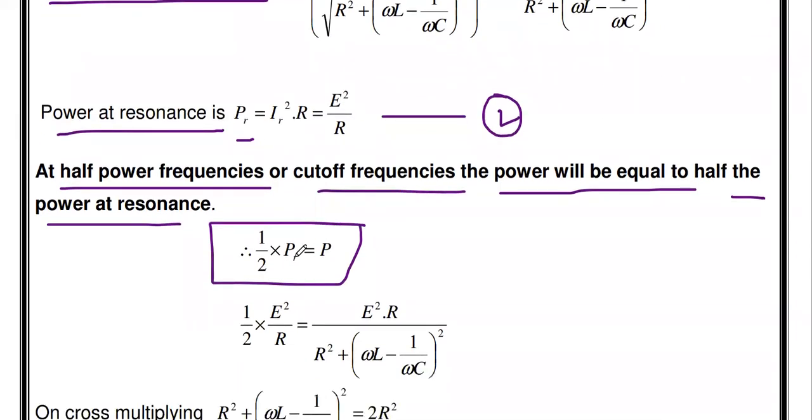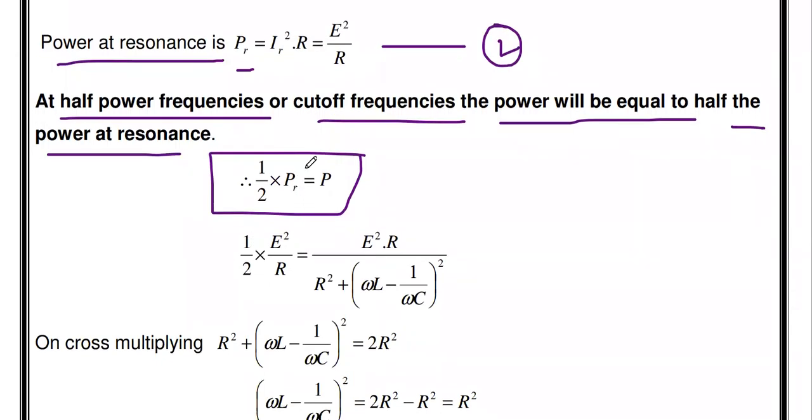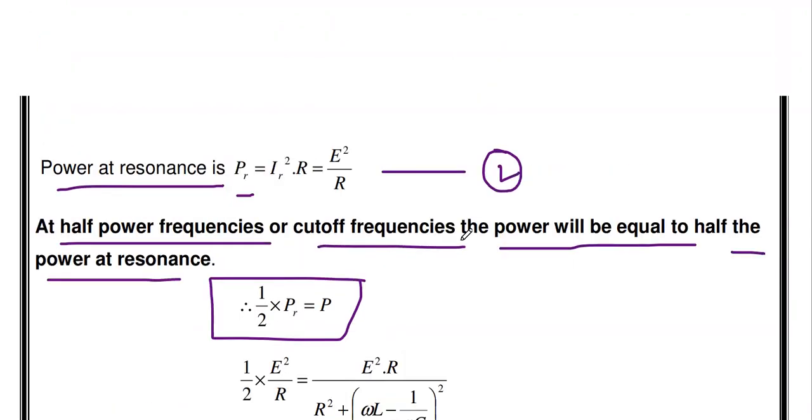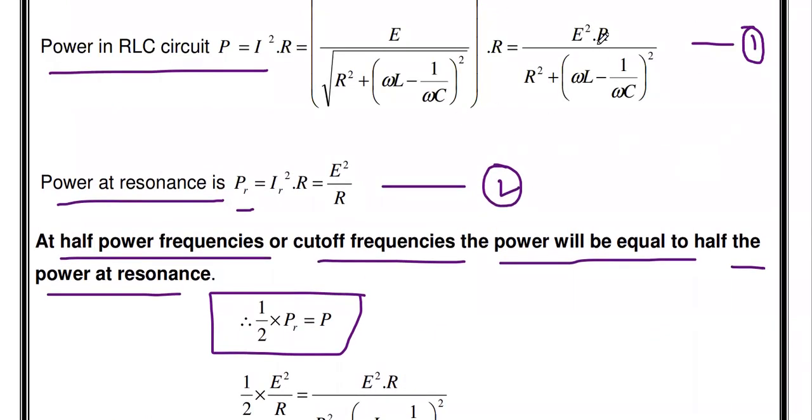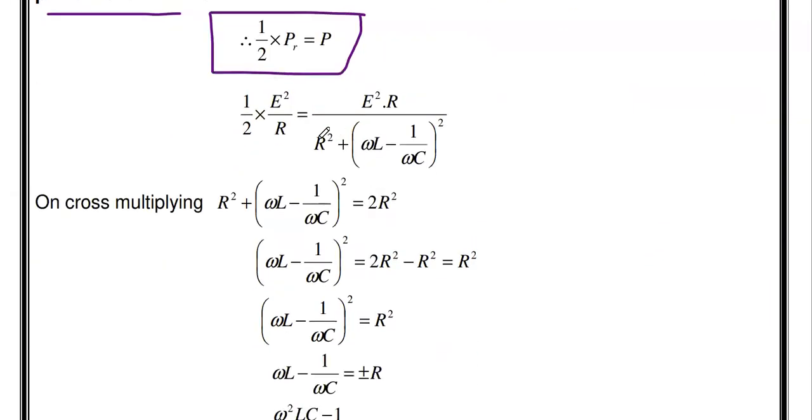So 1 by 2 into PR, where PR is E squared by R, equals P, which is E squared R by R squared plus omega L minus 1 by omega C the whole squared. You equate this, and from that we have to derive the lower cutoff frequency and higher cutoff frequency.